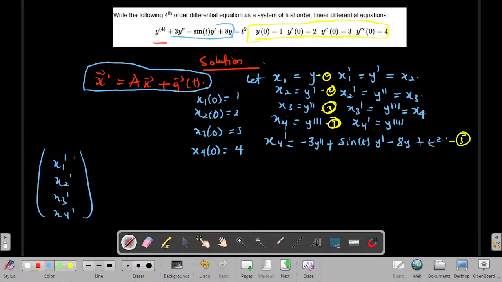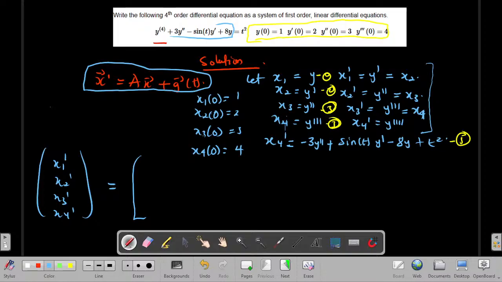That's why I introduced the vector sign here. So this should be equal to my coefficient matrix. My coefficient matrix here will have to do with the respective equalities.